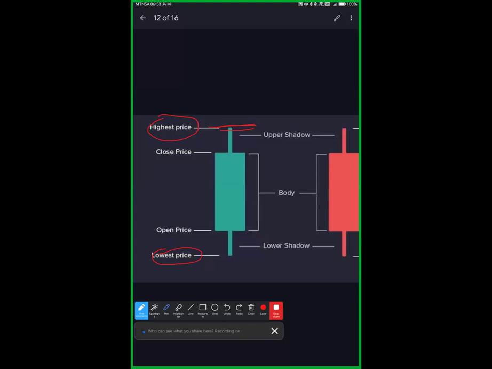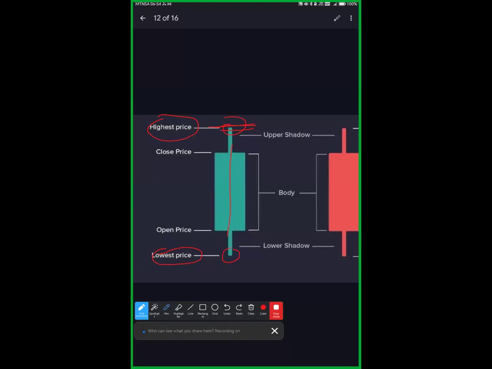When price is moving from the lowest point going to the upper point, since there are two types of market movers, they are buyers and sellers. When the price is rising, it does not mean that sellers are not present.